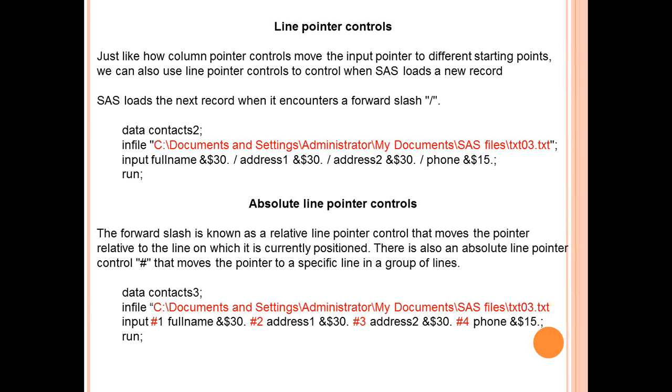SAS loads the next record when it encounters a straight /. So the main point for entering the data which we just saw is this: for input pointer control we have been using @, but for line control we will be using /. They have used that in the example, and for every input statement they have used a /. So the control will move to the next line, and by doing so we can insert the value into our statement.